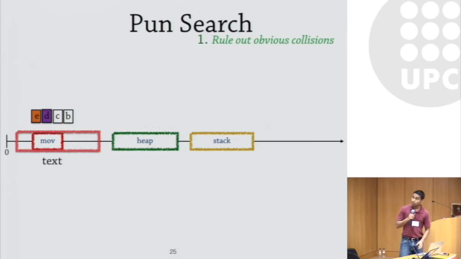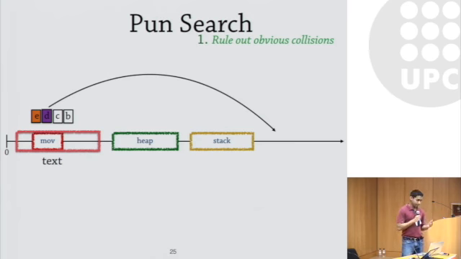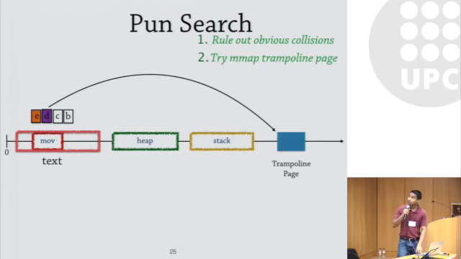Okay, since that failed, we try another permutation for the page selector. And this time around, let's say it gives us a page which is not known to collide with any of these already occupied memory areas. And then we try to mmap this trampoline page. And given that it's successful, now we can lay out our trampoline inside this trampoline page. And we are done.